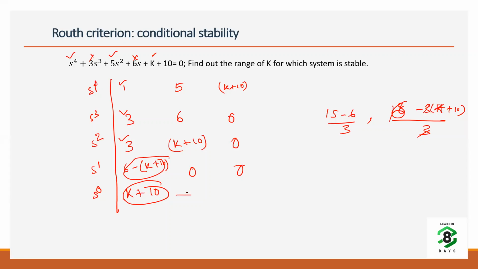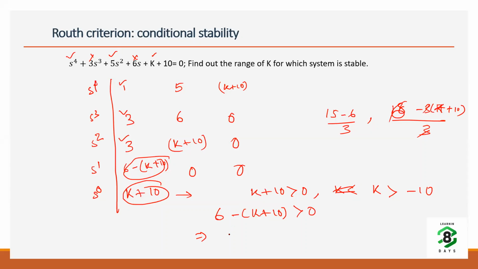So for this, k plus 10 is greater than 0, means k is greater than minus 10. You got one boundary of k. The second condition is you have to make sure 6 minus k plus 10 is greater than 0.